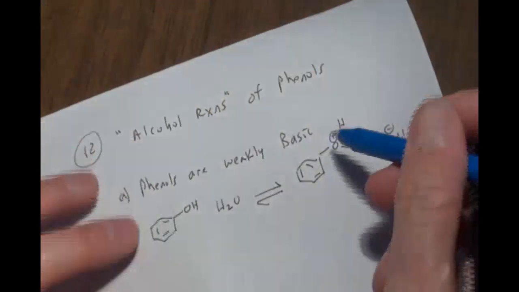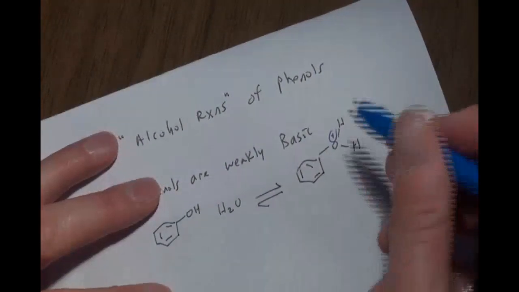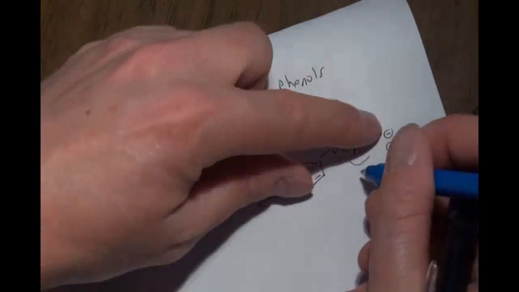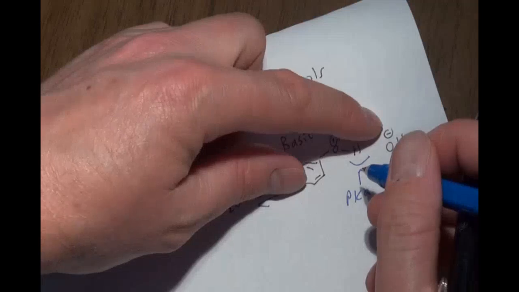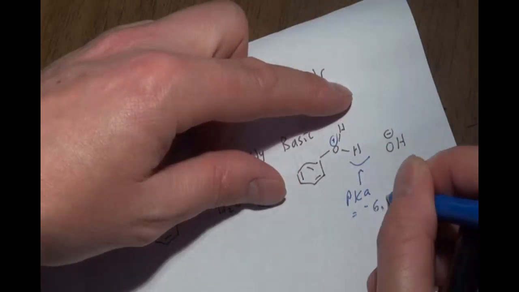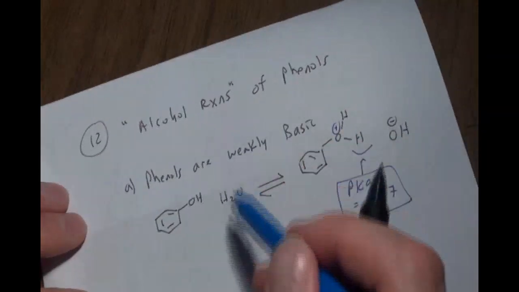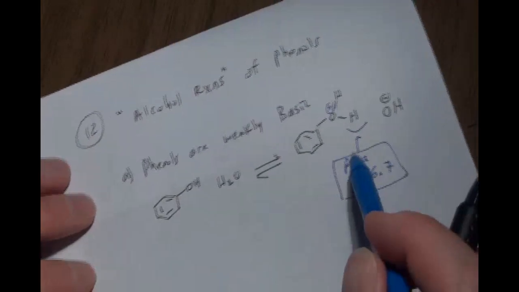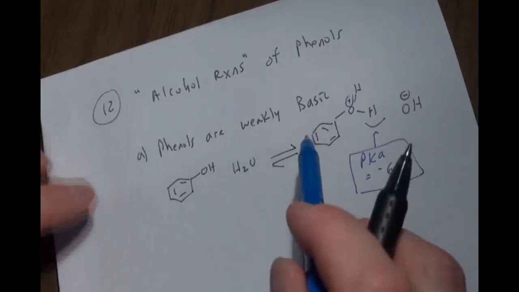And this is sort of showing, yeah, you can protonate a phenol, and it makes a highly acidic proton. So the pKa is negative 6.7. So this is not a very favored equilibrium because you're making something that's such a strong acid. So yes, you can protonate a phenol, but it's not a very favored equilibrium.